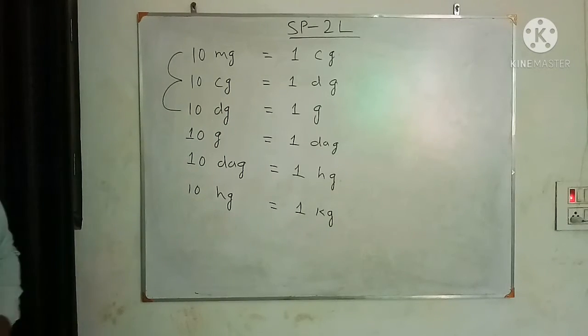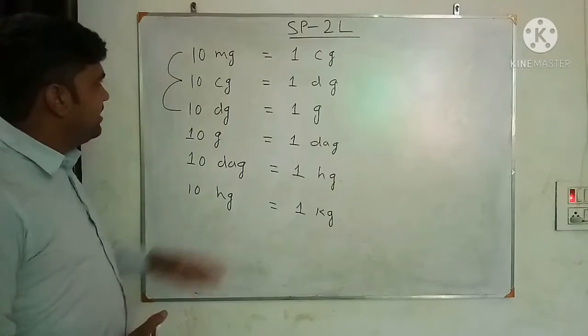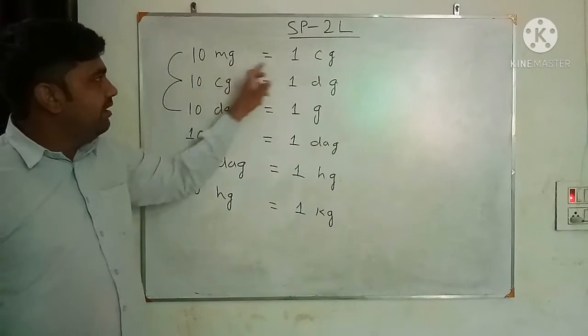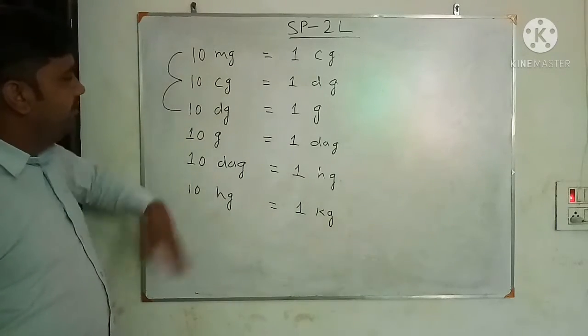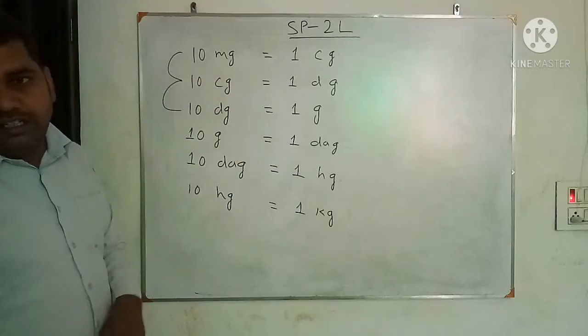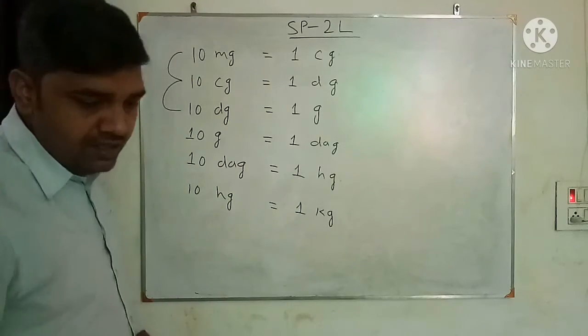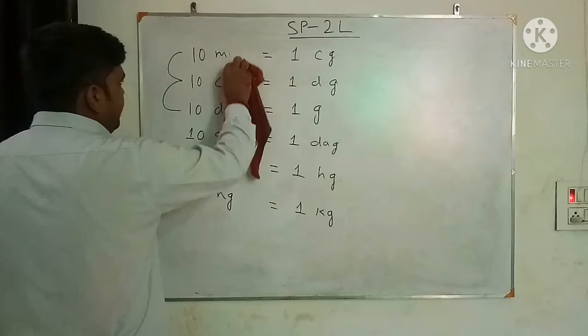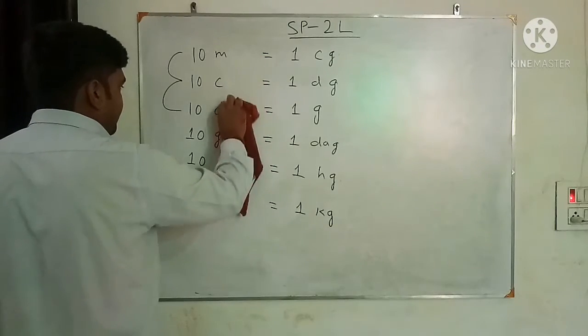Similarly, it will work in capacity. The unit of capacity is liter. Similarly, we write milliliter. 10 milliliter equals 1 centiliter. The same table will go for the liter also. What we have to do is just write L, liters, in place of gram.